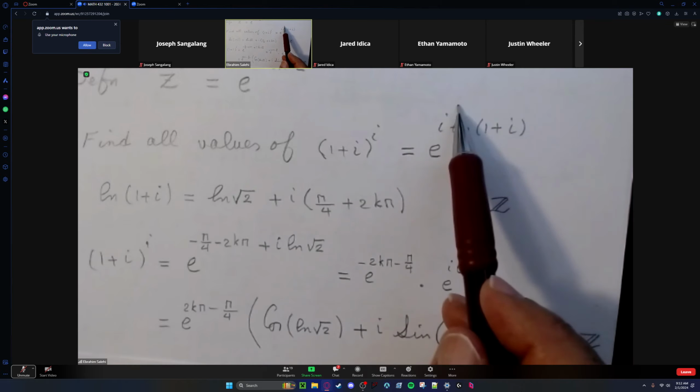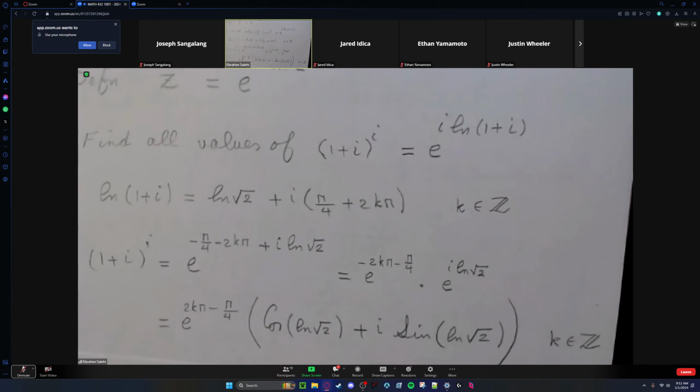And that's what happened. So this negative pi over 4, negative 2k pi is here. And here I square root of 2.